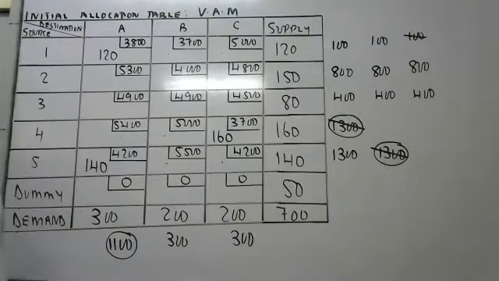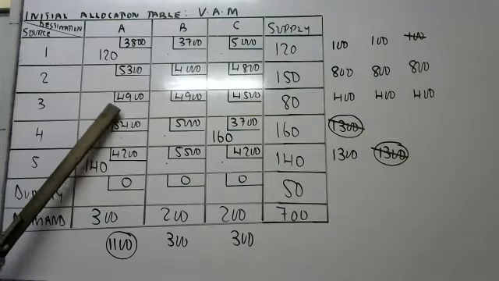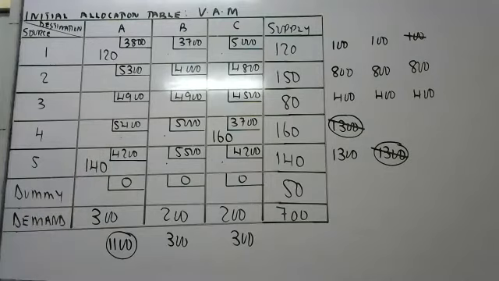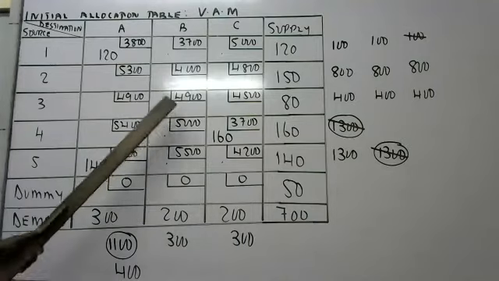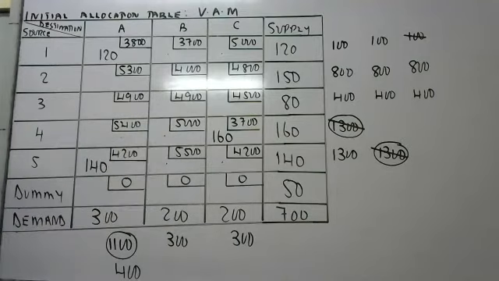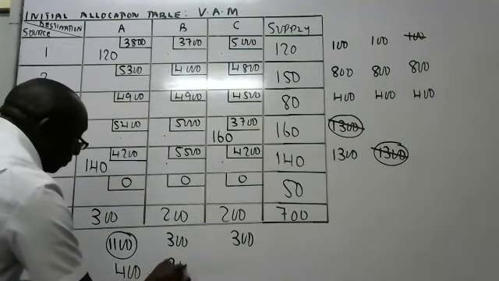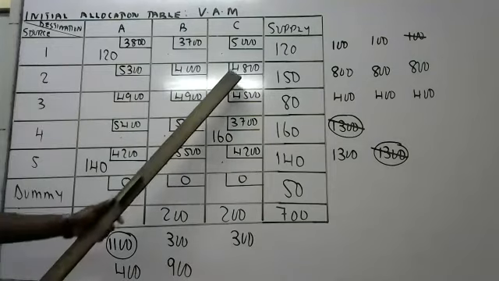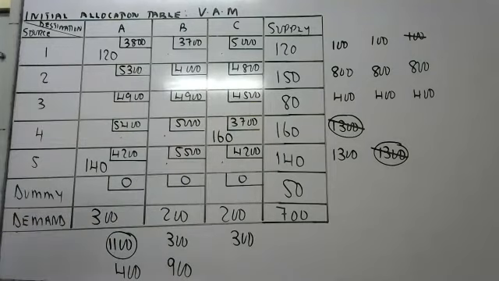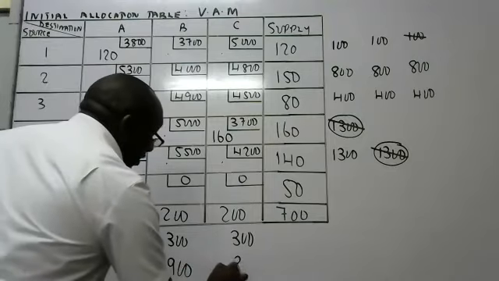You strike that one out. Then we begin the next round. Now we have 49 and 53. That's a difference of 400. 48 and 45. That's a difference of 300.